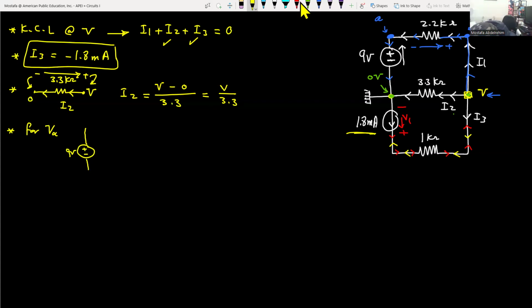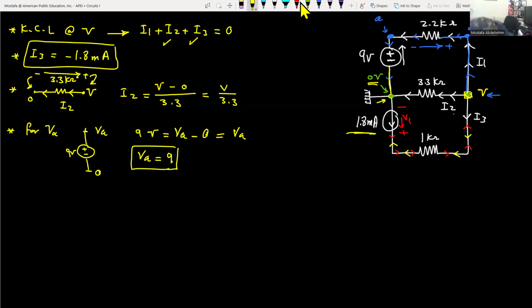So this is VA here, and remember this terminal is 0. So we can say 9 volt equals VA, which is the positive terminal, minus 0. So 9 equals VA. So VA is equal to 9.